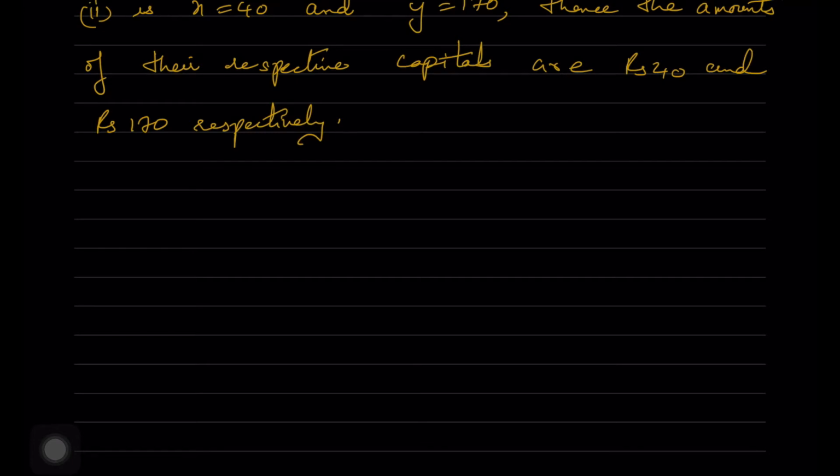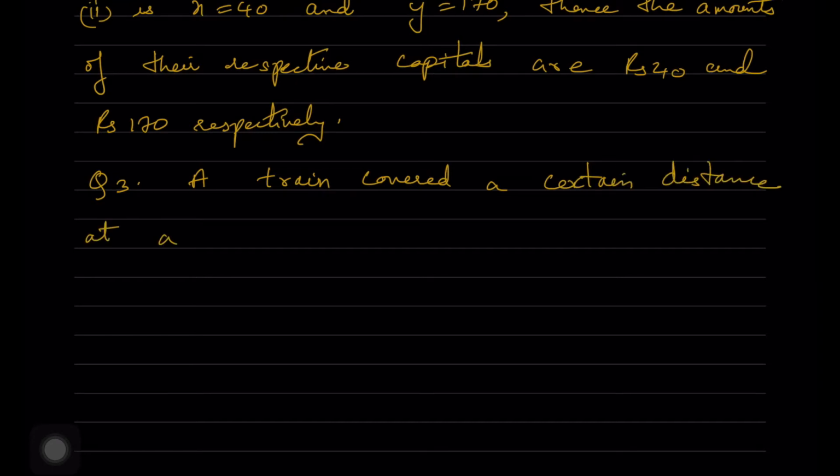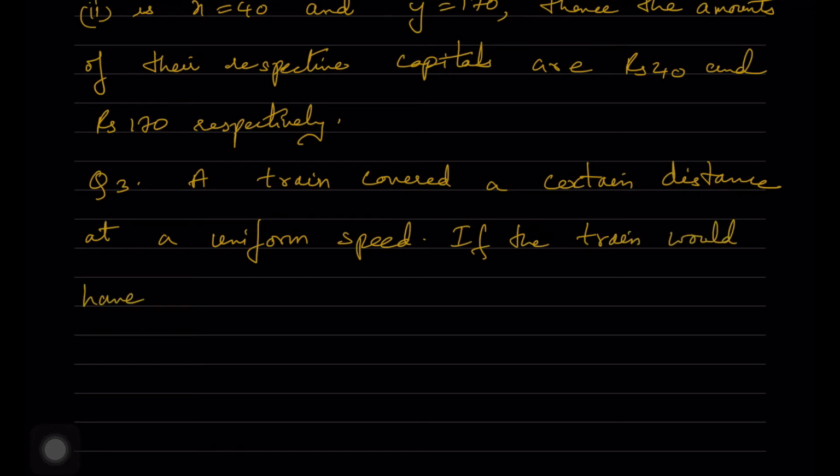A train covered a certain distance at a uniform speed. If the train would have been 10 kilometers per hour faster, it would have taken 2 hours less than the scheduled time.